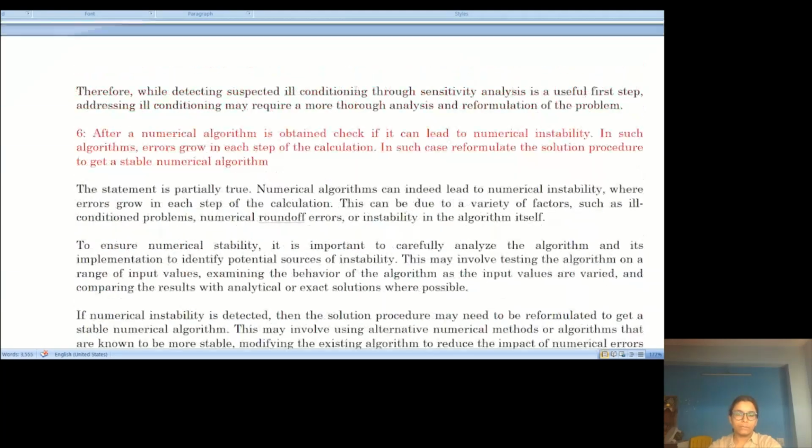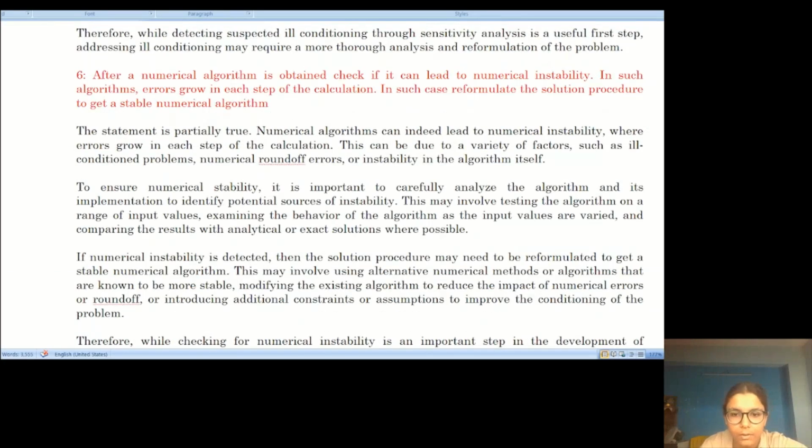And with this we should start with question number 6. After a numerical algorithm is obtained, check if it can lead to numerical instability. In such an algorithm, errors grow in each step of the calculation. In such a case, reformulate the solution procedure to get a stable numerical algorithm.